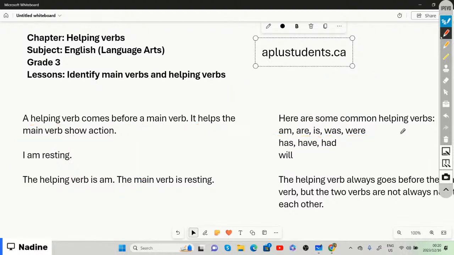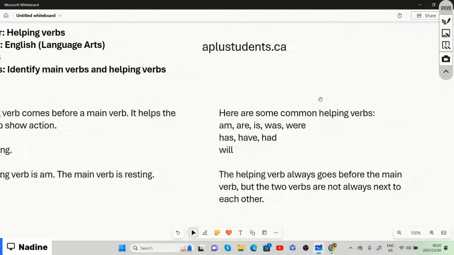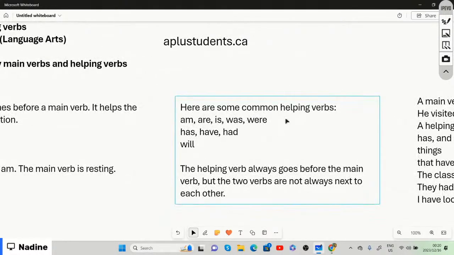All right, so now we're going on. So basically, the helping verb always goes before the main verb, right? But the two verbs are not always next to each other.